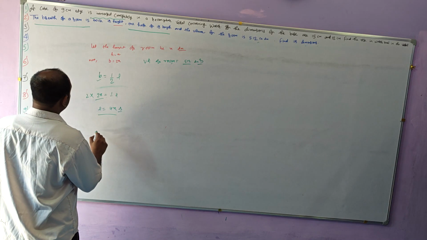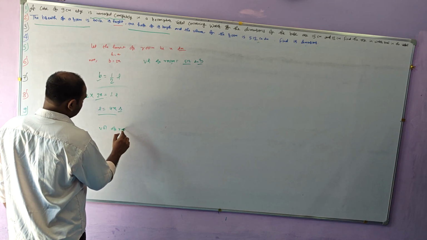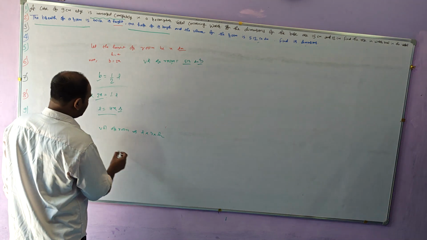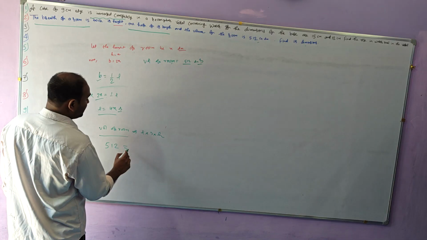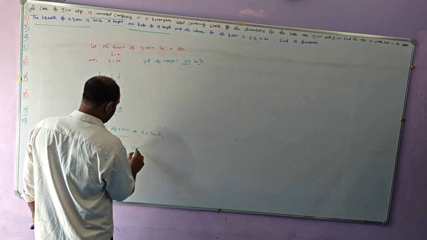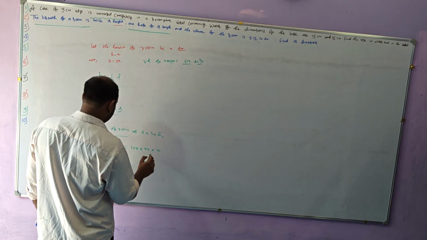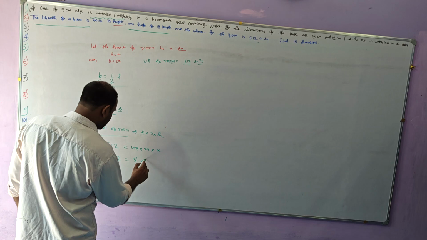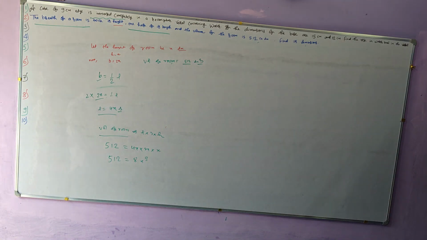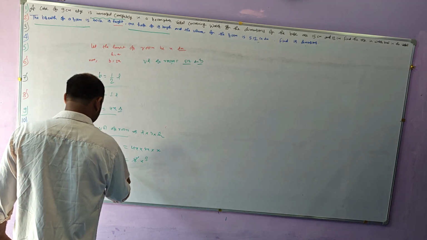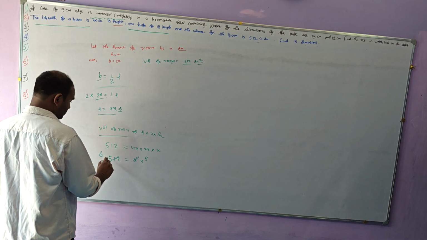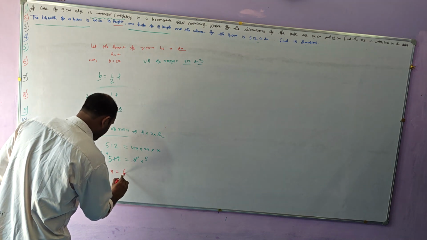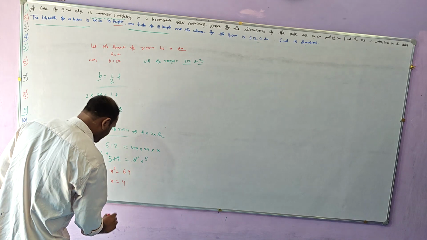So volume of room is basically L into B into H, and we know 512 is equal to, with L as 4x, B as 2x, and H as x. That becomes 512 equals 8x cube. X cube becomes 64, so x becomes 4.